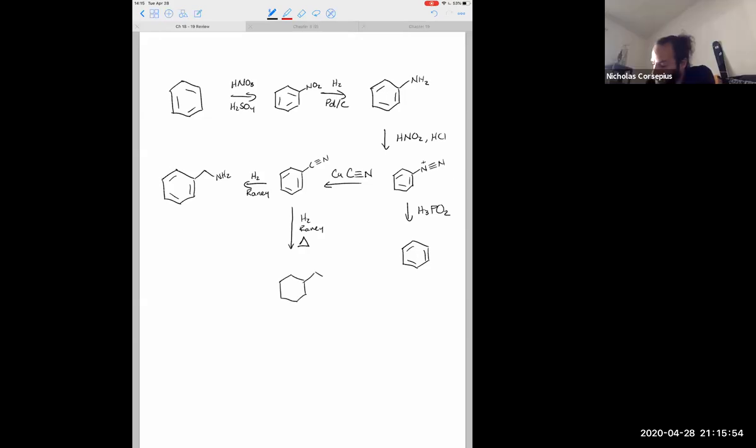No, that is the way to reduce the entire ring. So the only way that you can convert benzene to cyclohexane is with Raney and heat. So pretty aggressive conditions. Basically, Raney is like the strongest of all the reducing agents. So anytime you have to use Raney, it's because it's a harder group to reduce. I guess it's Raney nickel to be sure.